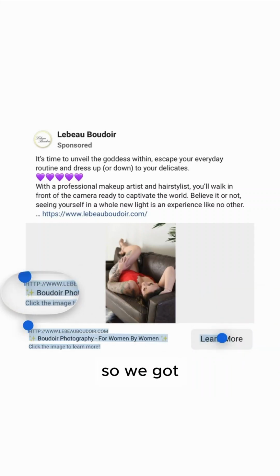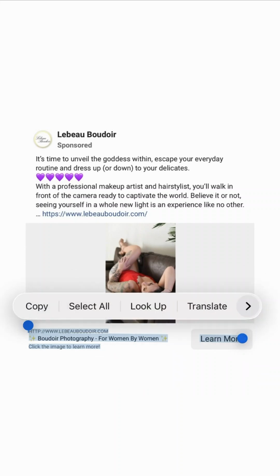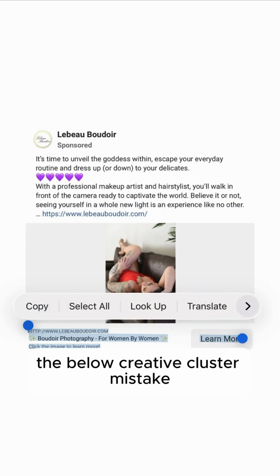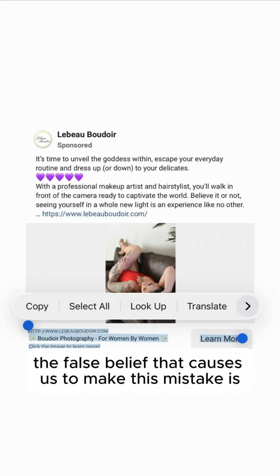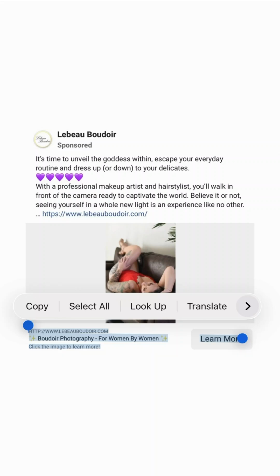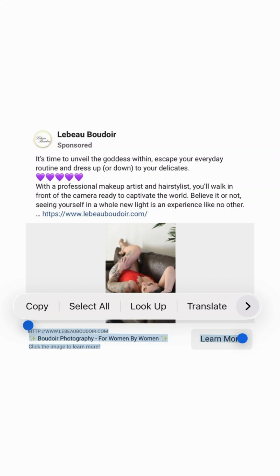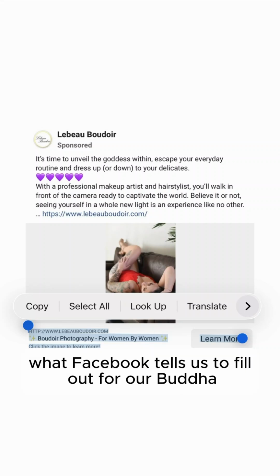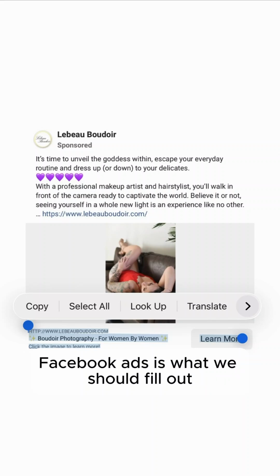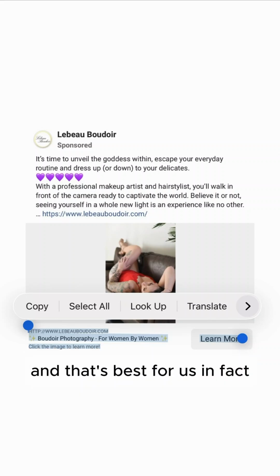So we got the below creative cluster mistake. The false belief that caused us to make this mistake is that we believe what Facebook tells us to fill out for our Boudoir Facebook ads is what we should fill out, and that's best for us.